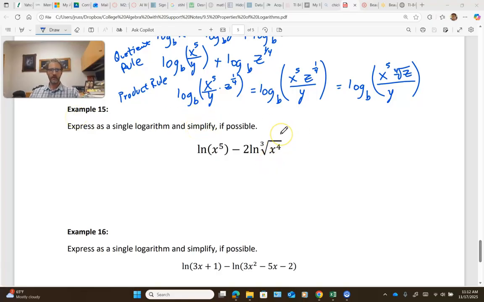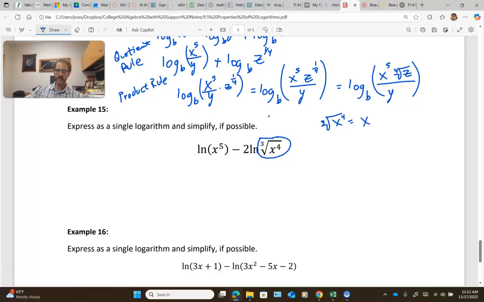All right, well, before I get started, let me do this with my stylus. Re-express this radical, the 3rd root of x to the 4th, as an exponential expression.